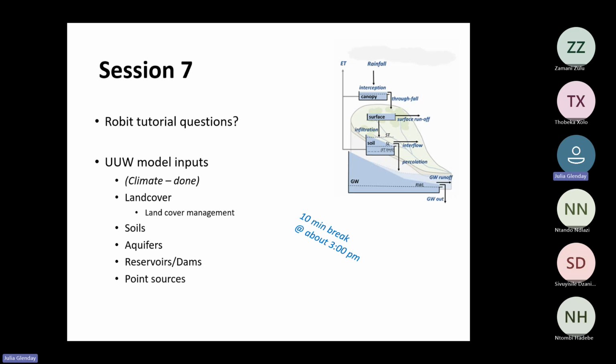Yeah, so when you get time, the tutorial is nice to look at in terms of it being a smaller model that runs fairly quickly. For example, the version I now have for this catchment takes about an hour to a bit over an hour to run for 10 years.